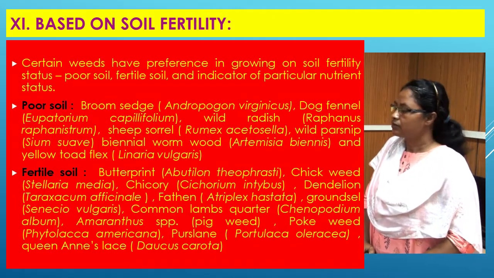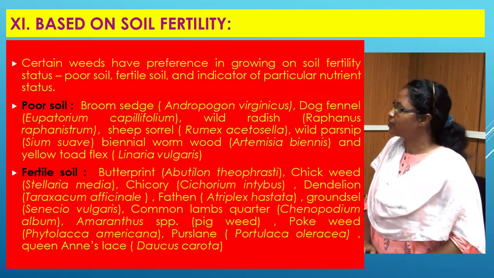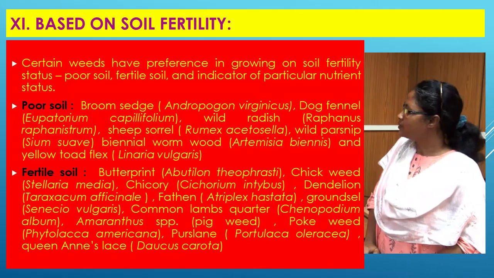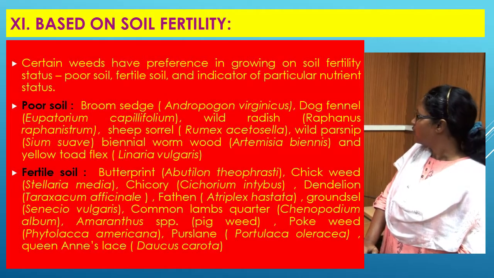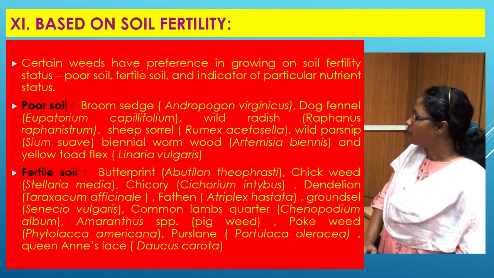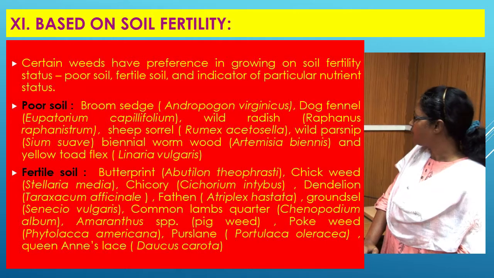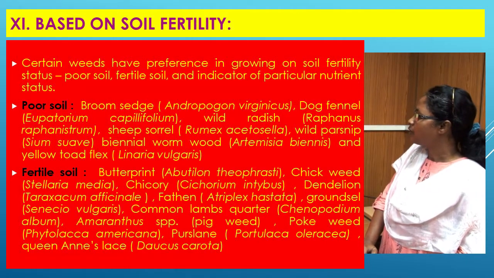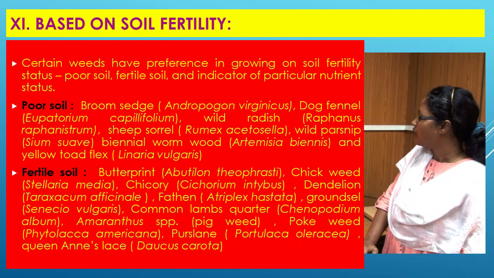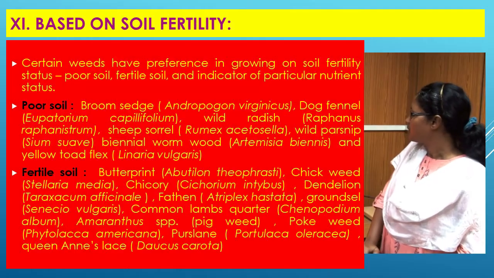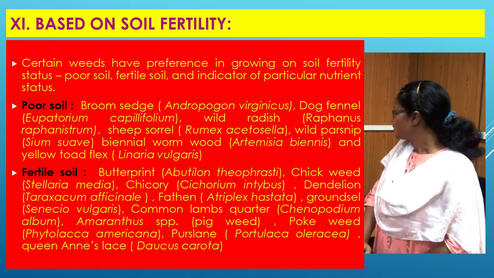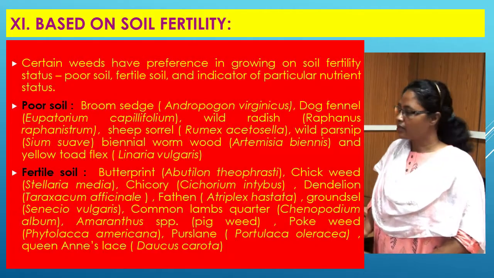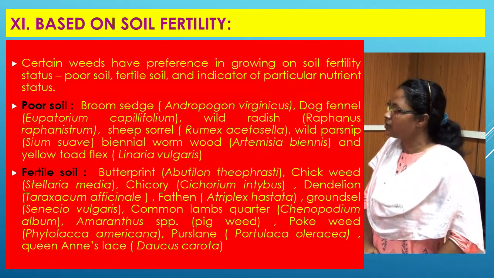These grow mostly in poor soils, while in fertile soils, examples are Abutilon species, Stellaria media, Cichorium intybus, Taraxacum officinale. Chenopodium album and Portulaca oleracea are also found mostly in fertile soil.